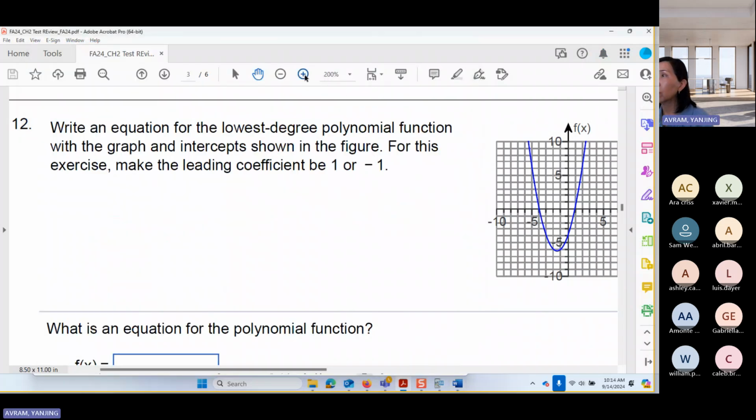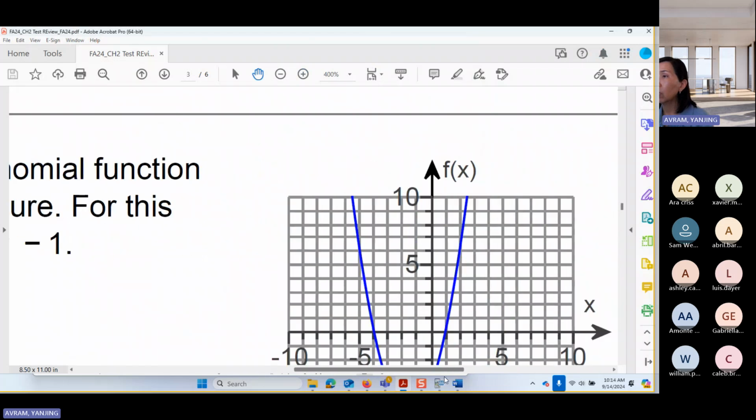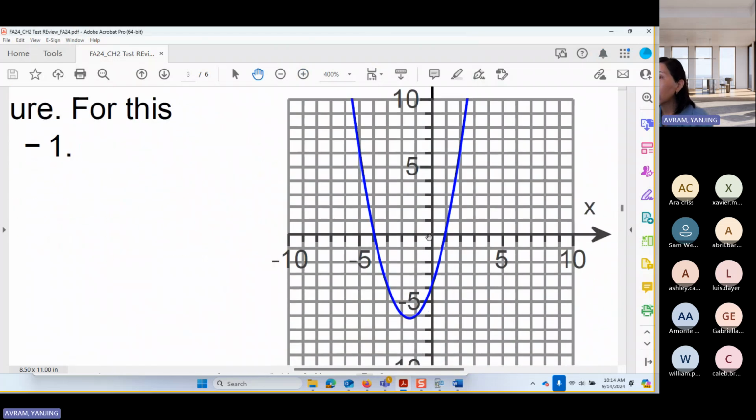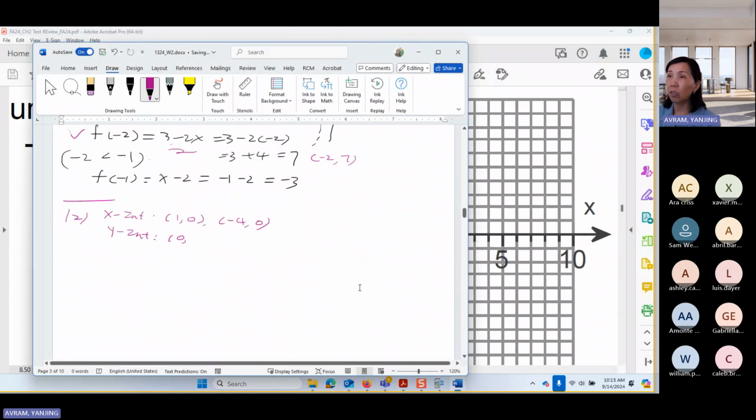Let me just go ahead and make sure we got it right. So that's 0 in here, so that's 1 and 0. That's 1, 2, 3, 4. Yeah, so that's right. And then that's 1, 2, 3, 4, negative 4. Okay, 0 and negative 4.